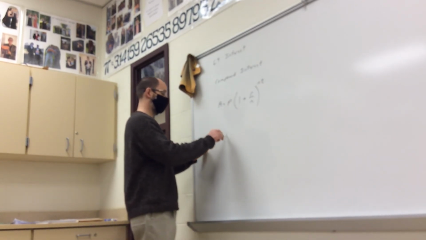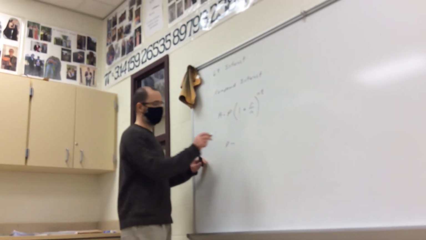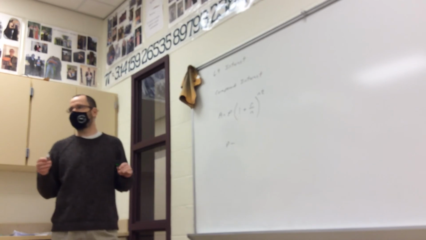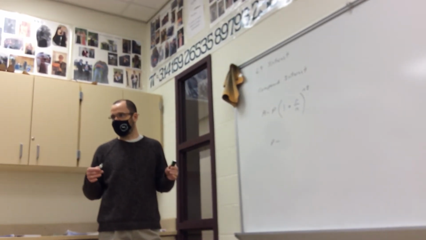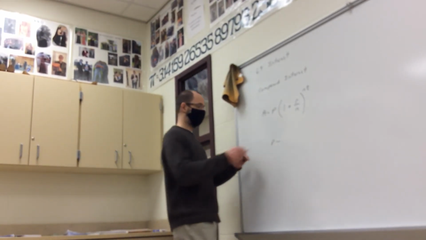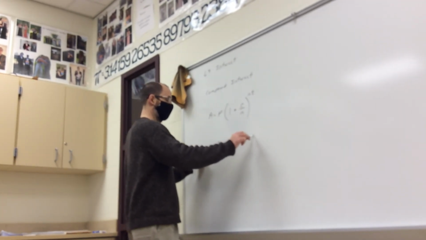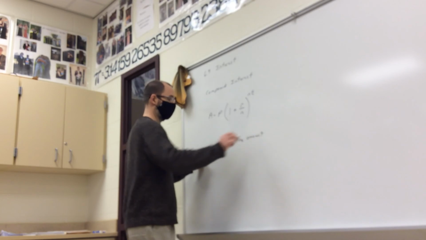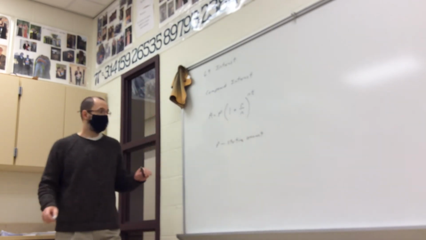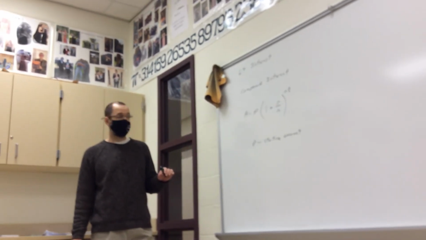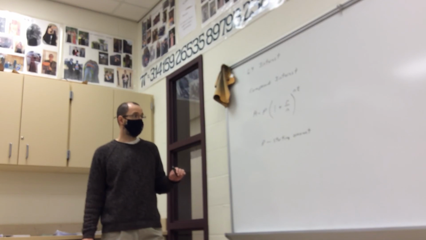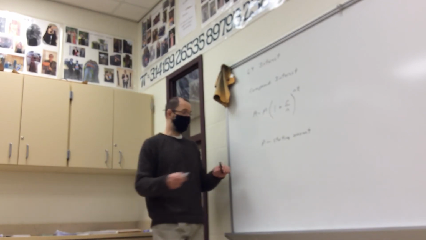The P, the word that it's standing for is principal, but it's the amount that you started with, the investment starting amount. So P is the starting amount. The fancy term for that is the principal. Okay, then of course R is the interest rate.